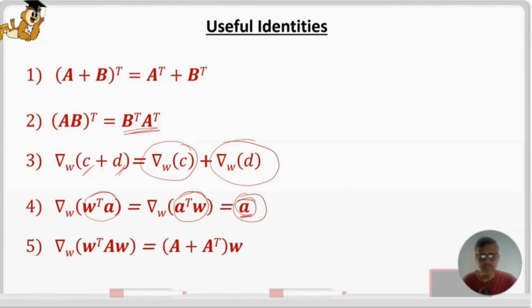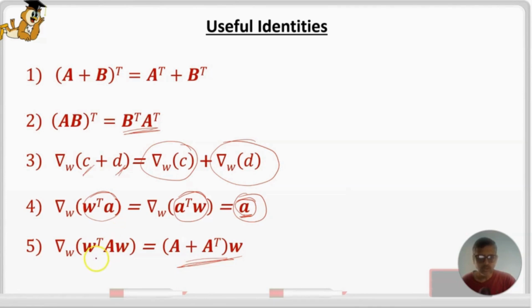Number 5, very useful: gradient with respect to W of W transpose AW is equal to (A plus A transpose) times W.